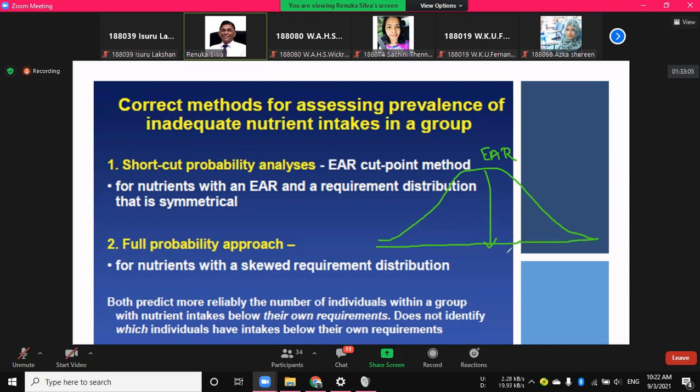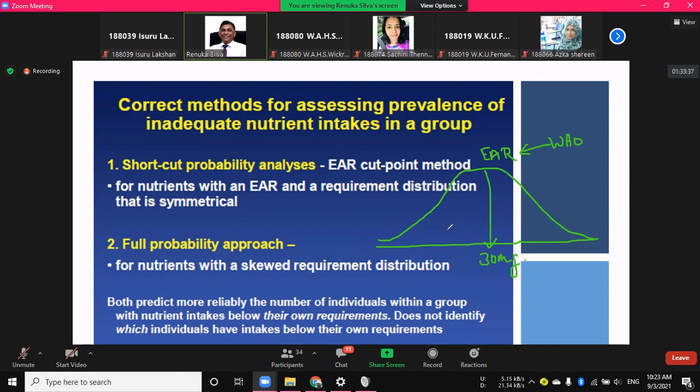It's given by WHO. EAR values we take from WHO. WHO has defined for a particular population, this is the EAR value. These are the RNI values. Let's say that it is 30 milligram vitamin C. 30 milligram is the EAR, just a rough value. This is an arbitrary value, not the exact value.